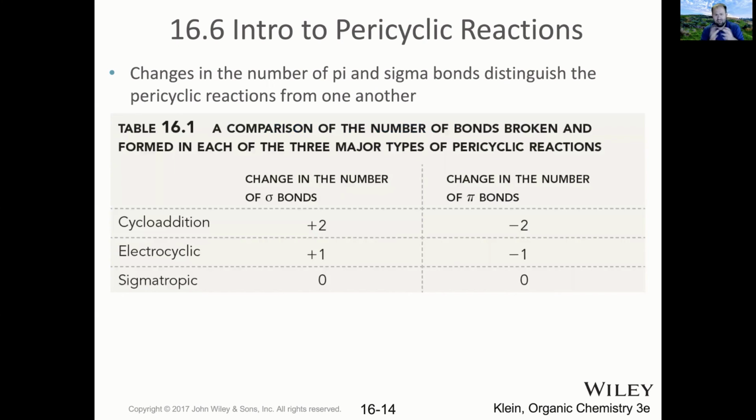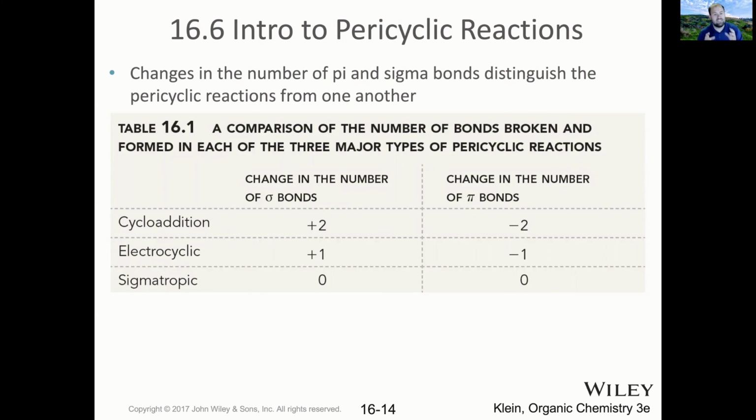So one thing to end with, to help you define these three types of pericyclic reactions: as these pi and sometimes sigma electrons are moving around, breaking some bonds and forming new ones, we see that there's a trend. When it's a cycloaddition, there is a gain in 2 sigma bonds and a loss of 2 pi bonds. For electrocyclic reactions, we have a gain of 1 sigma bond and a loss of 1 pi bond.